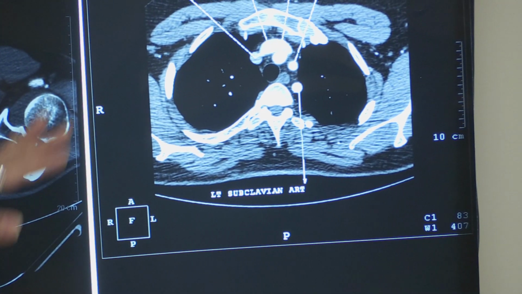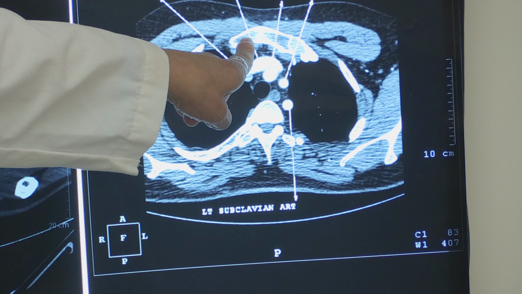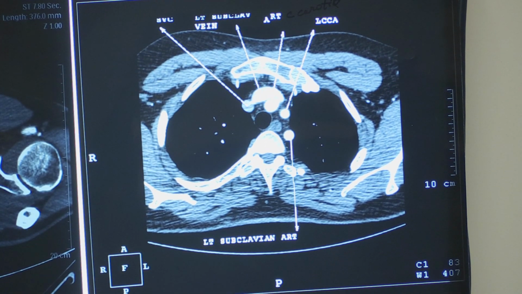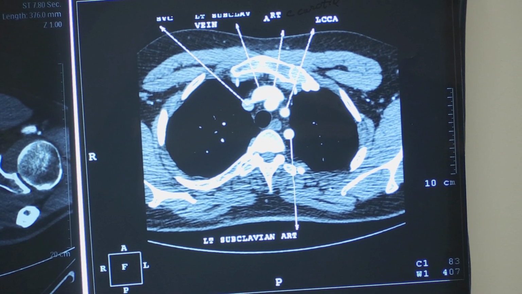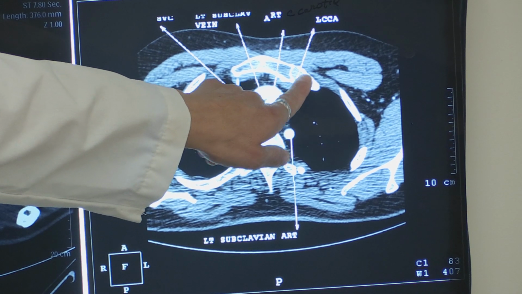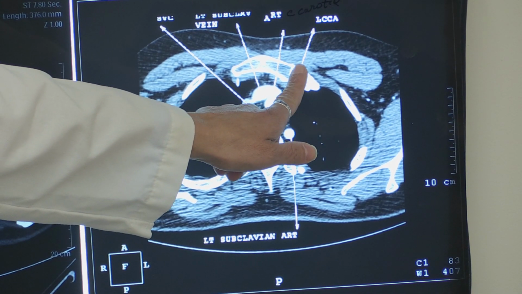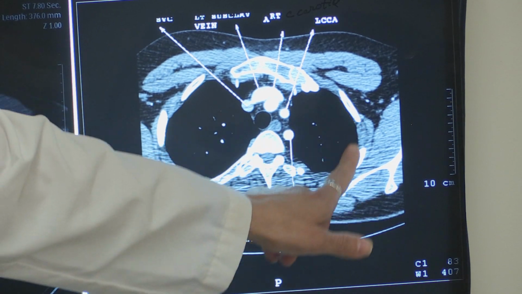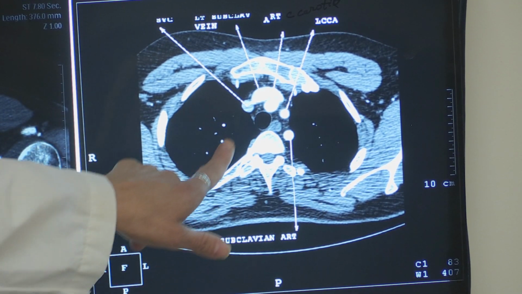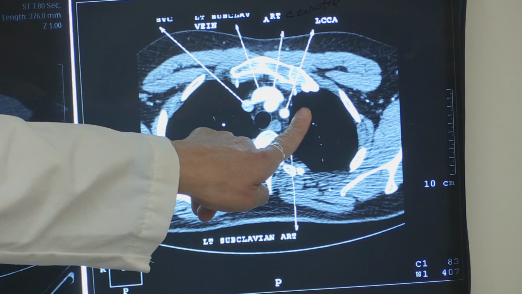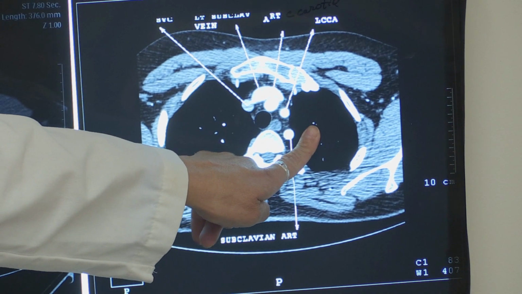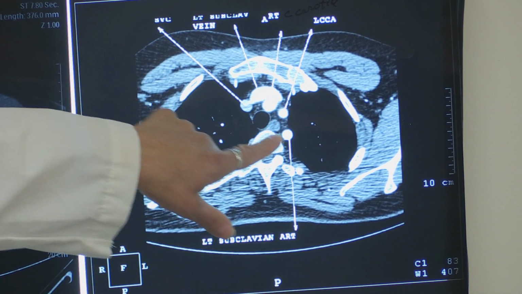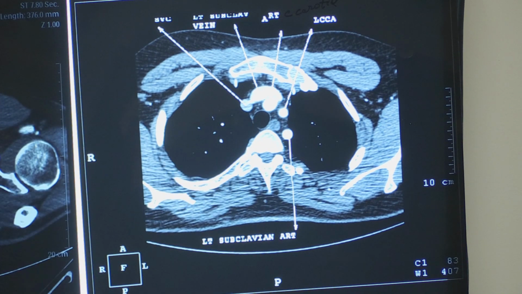As we move further down, we'll start to see the sternum, a little bit below the clavicles. You can see a little sternoclavicular joint space right there, more of the ribs. And now you can clearly see lung tissue. All those little white specks are also contrast.